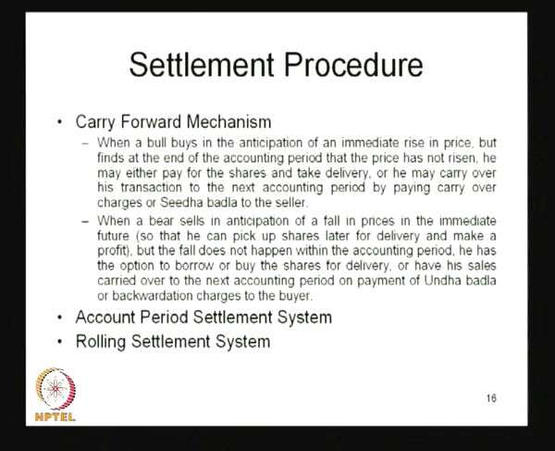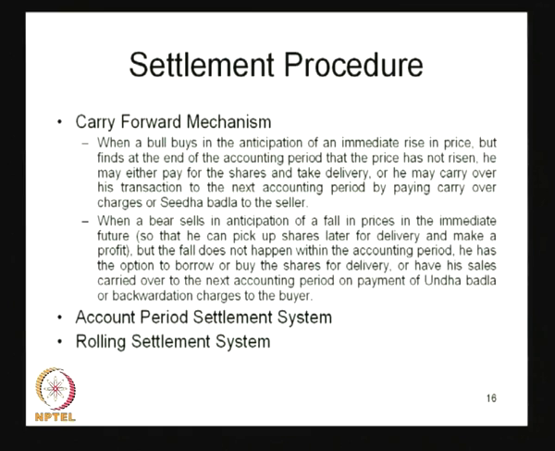Previously, whenever the exchange traded system started, or whenever we do trading in the stock exchanges or in the equity market, the carry forward mechanism was working in the Indian market. So in the carry forward mechanism, what happens? A bull is an investor who always expects that the price will go up, and a bear is an investor who always expects that the price will go down.